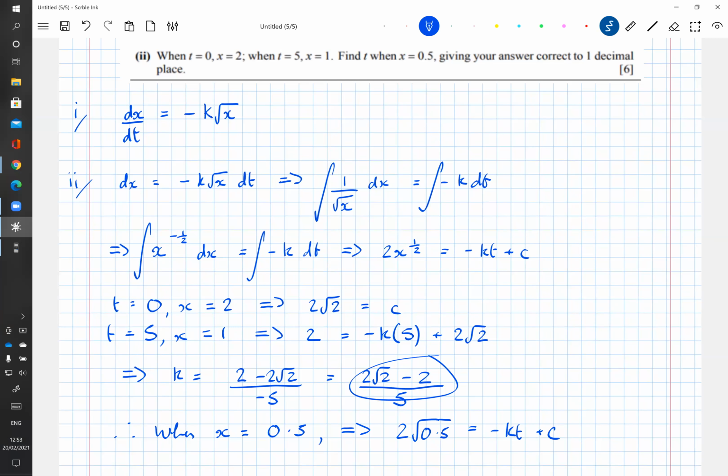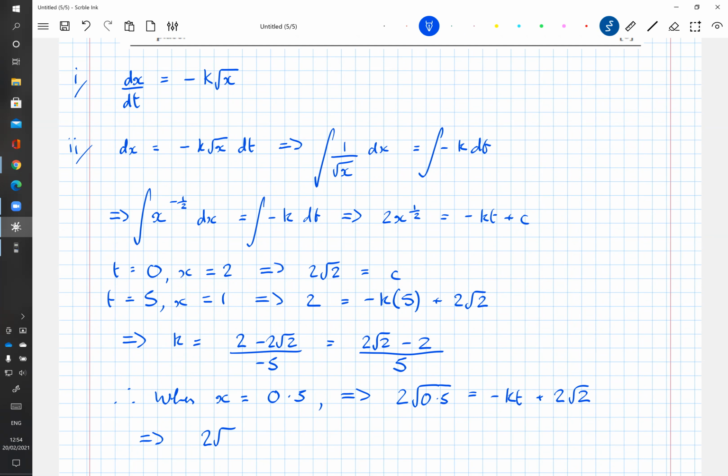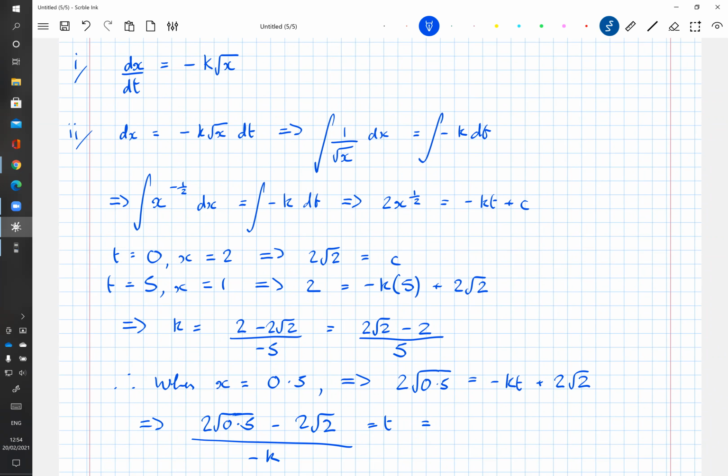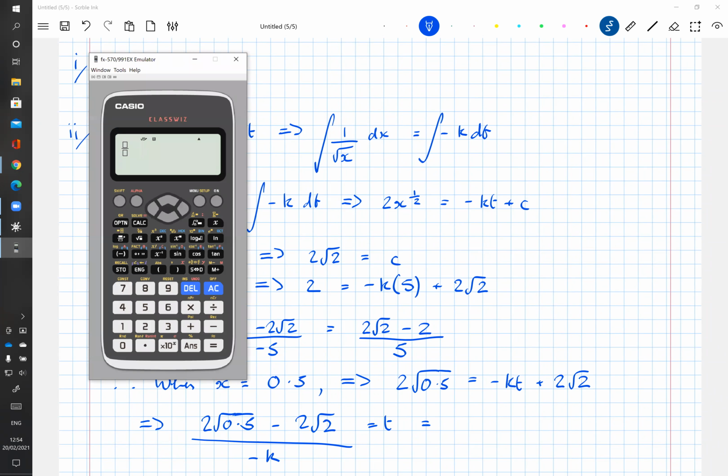Which means that 2 root of 0.5 minus 2 root 2 divided by minus k equals t, which is equal to 2 root of 0.5 minus 2 root 2 divided by minus k, like that.